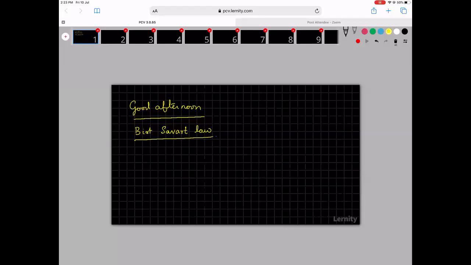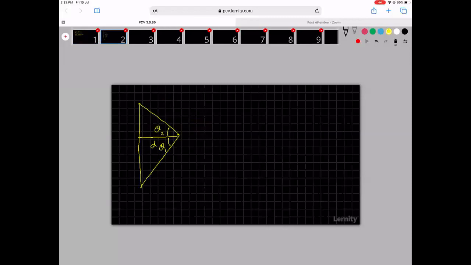I explained to you that for a straight wire at a given point at a distance d, if this angle here is some theta 1, and this angle here is some theta 2, then if there is a current going this way, there is a magnetic field B which is equal to mu naught by 4 pi I (sin theta 1 plus sin theta 2) divided by R. I hope all of you are able to remember this, sin theta 1 plus sin theta 2.